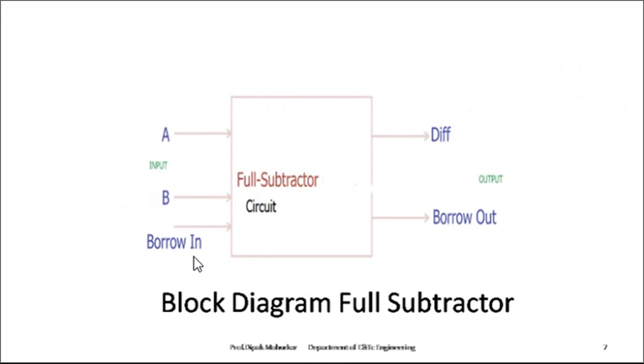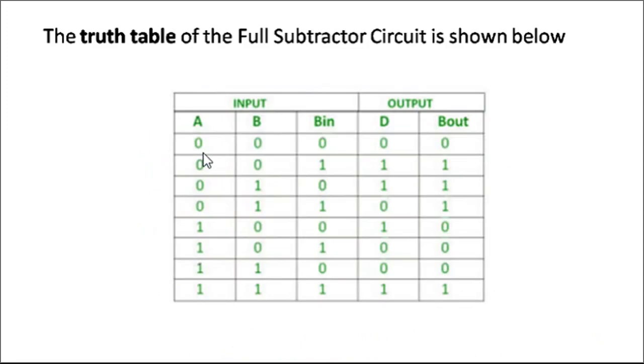A, B, borrow in, or you can call it B in, and two outputs, difference and borrow. Full subtractor circuit. See now, take A 0 0 0, and their difference and borrow. Let's take another example. 0 minus 0, difference 0, borrow 0, right?